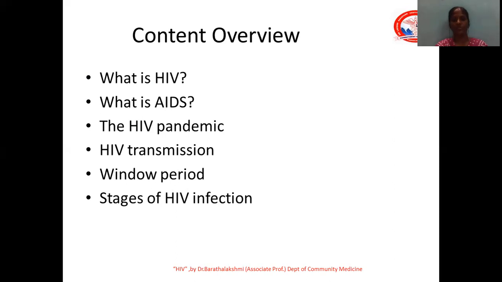Then the stages of HIV infection. According to the disease manifestation, the infection can be staged: early asymptomatic stage, symptomatic stage, and then with all the symptom complexes, the late infection stage. And from then, the person goes to death.